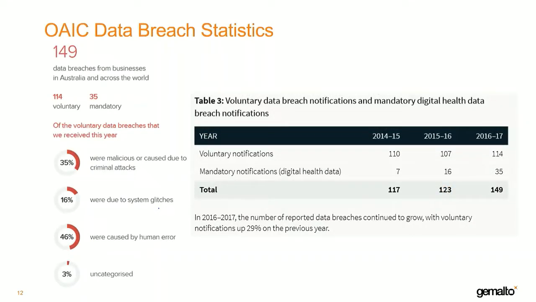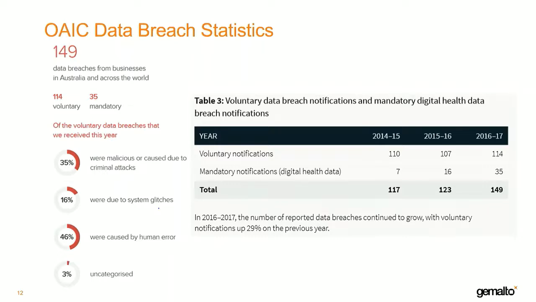That would allow people to secure information throughout its life cycle. Now, these are some stats which I pulled out of the OAIC's annual report, and these are very Australia-centric because that's what we're concerned about today. But effectively, in 2016, 2017, there were a total of 149 data breach notifications around Australia across multiple sectors.